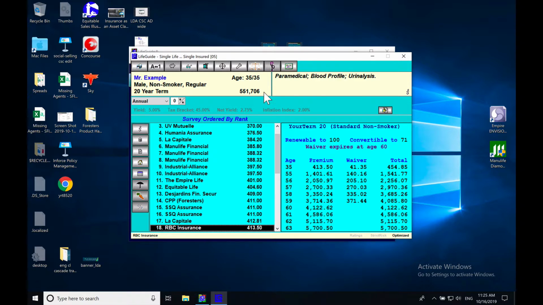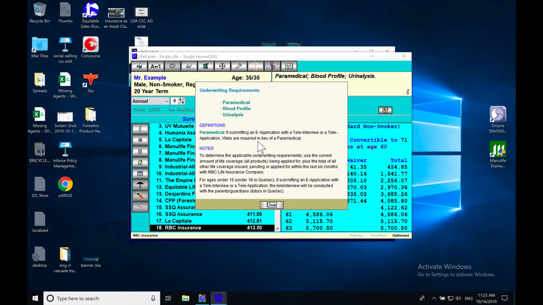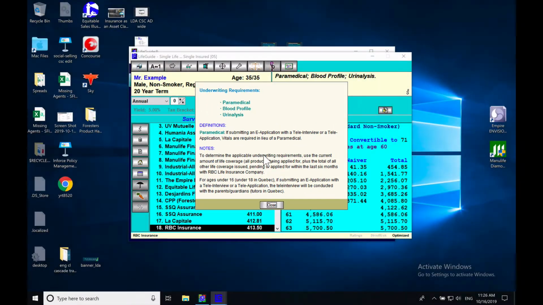But let's look a moment at some of the qualitative side of things. Charlie, to the right side of the underwriting requirements, keep going to the right, there is a little eye there. If you click on that, it will bring you more detailed information in terms of the underwriting.